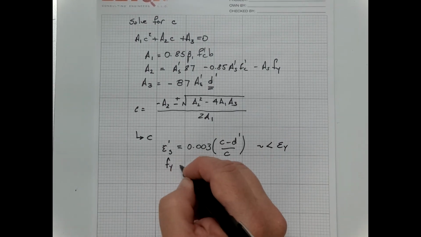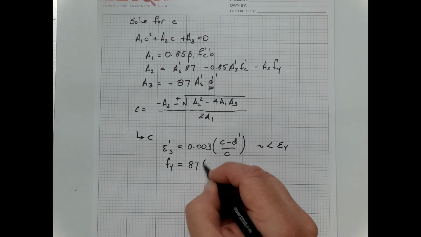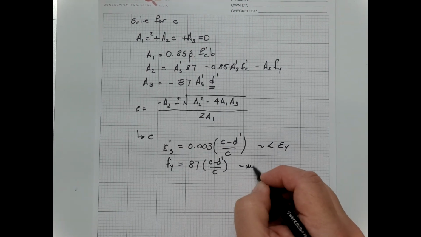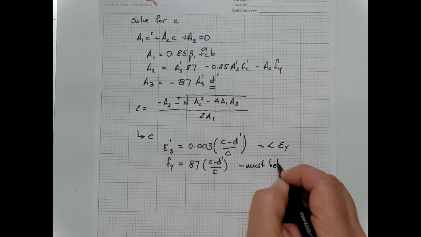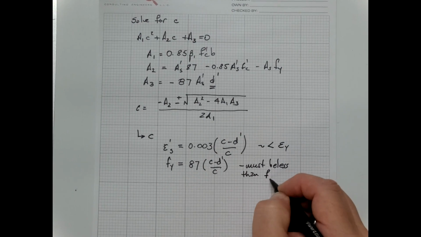Or we can just go right ahead and say that F prime sub S is equal to 87 times C minus D prime over C, which must be less than F sub y.